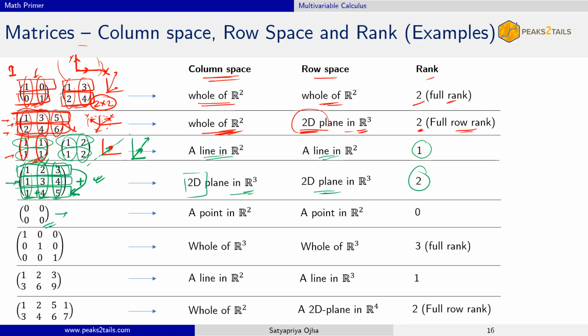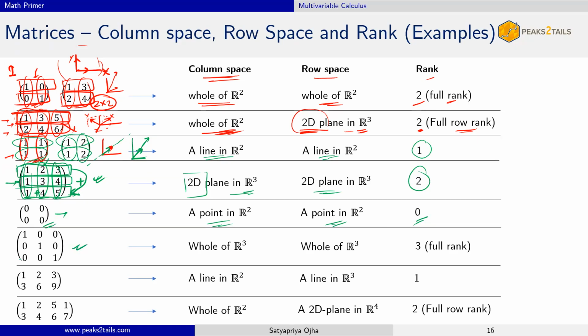Adding zero vectors together will still be zero. So you will never leave the origin. The space that you are able to span is just a point, which is the origin. A point in R square. It's a zero rank matrix. Okay? Because it's just a point.